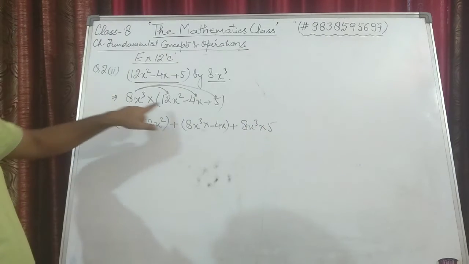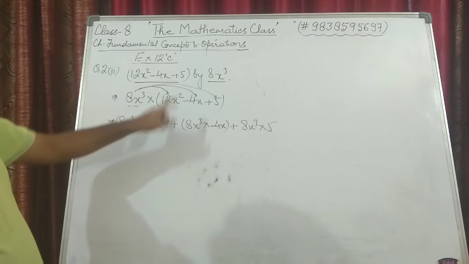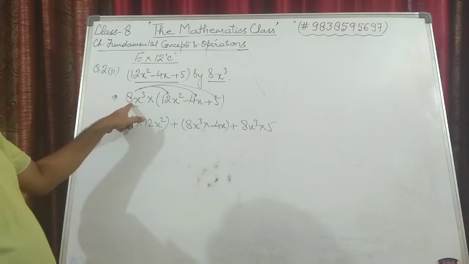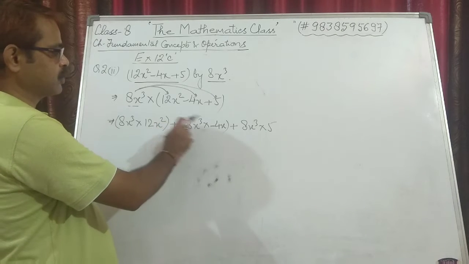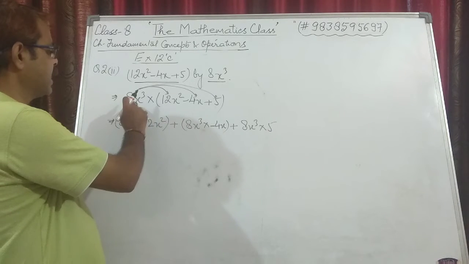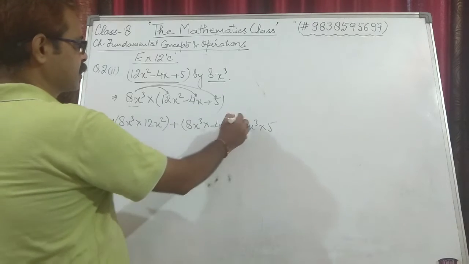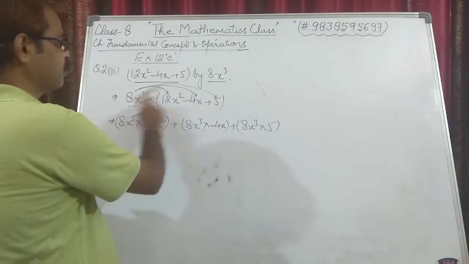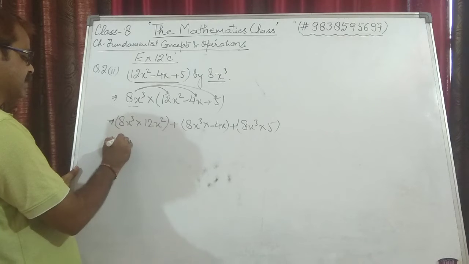First 8x cube is multiplied to 12x square, so this is a term, then plus, and then 8x cube is multiplied to minus 4x. We could have put minus directly, but to make you understand I am writing plus, and then 8x cube into minus 4x, then again plus 8x cube into 5. Now we will solve it. 12 8s are 96.